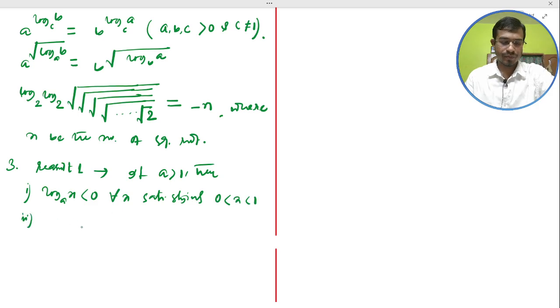Number 2, log x is equal to 0 for x equal to 1.